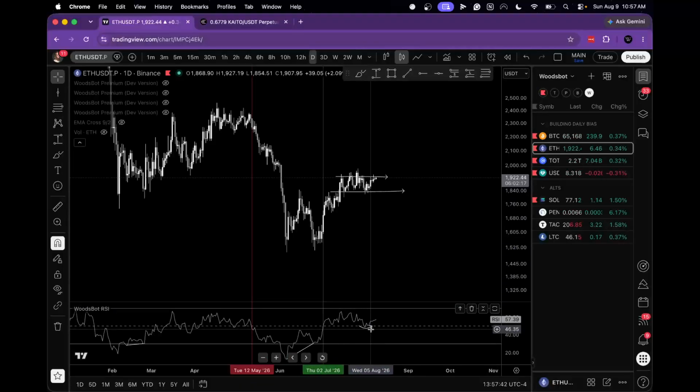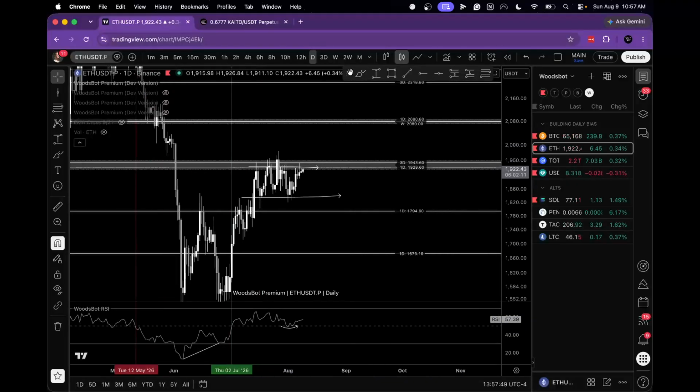And now we've also retested the 50 mark and held so far. And now if you use the levels, you can see that we have rejected this area 1, 2, 3, 4, that recent wick, and we're still holding and grinding up.